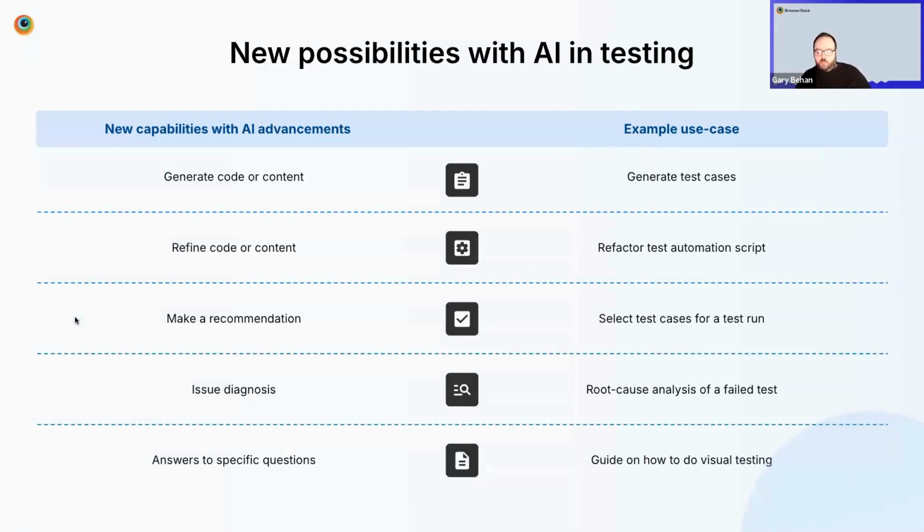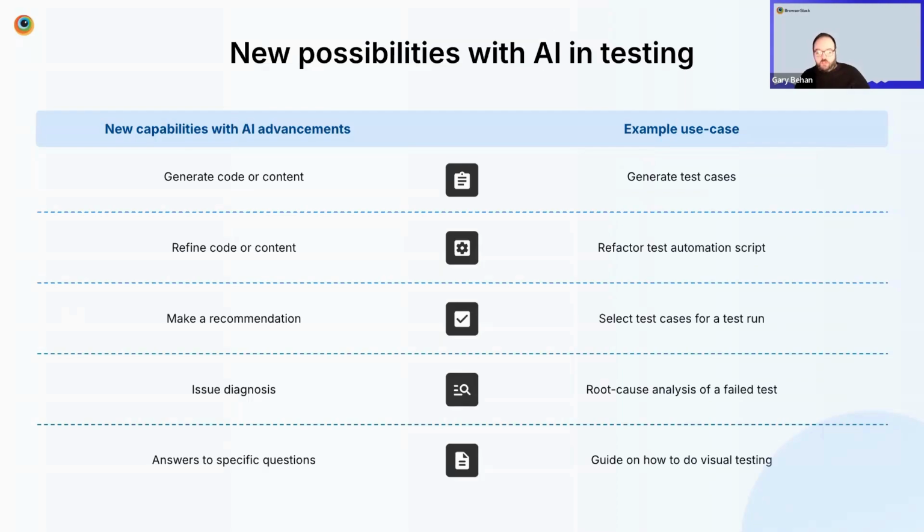So with AI, just like when we moved from manual to automation, moving from automation into the AI sphere, new possibilities are arising for us, right? So the capabilities, for example, if we want to generate code or content, like generating test cases, that's something we can do.